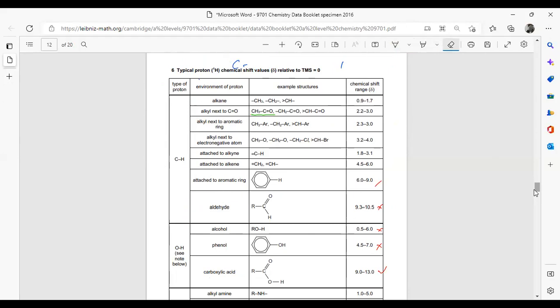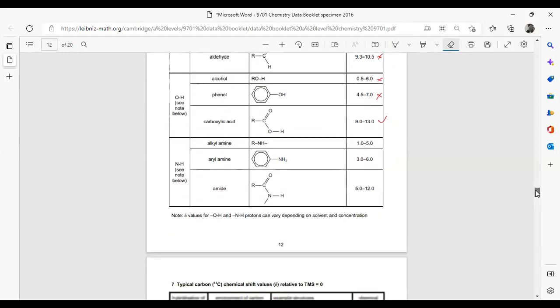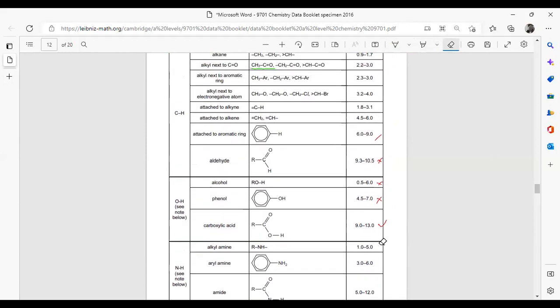Could it be a nitrogen, like an amine? This could be an amine, but we're not sure. But let's mark it because it is in that range. It is more than 2, so it could be an amine, but it might not be. Fine, we've marked it.